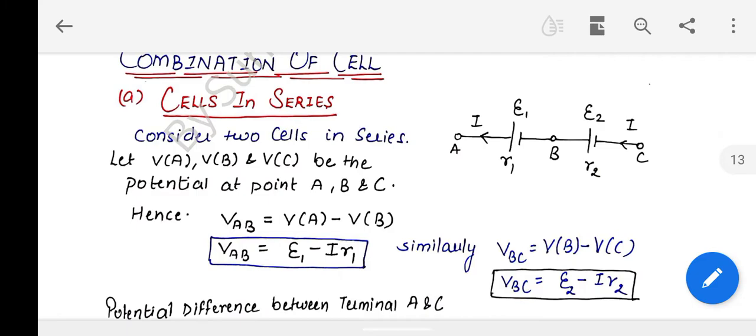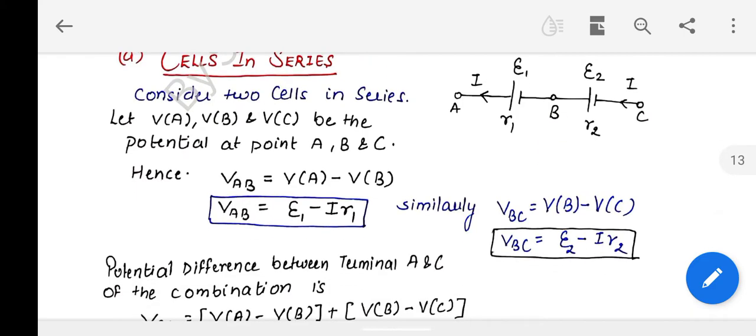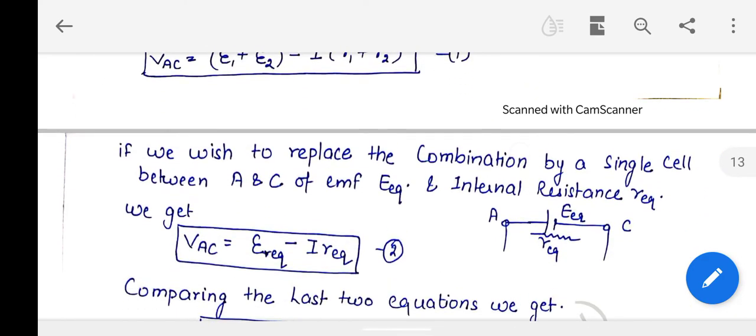Okay, combination of cells. You have two types of combinations, series combination or the parallel combination. This time you don't have to study the series and parallel combination of resistors. They have deleted the parts, so I am discussing the revised form of syllabus only. This notes basically is dedicated to the revised form of syllabus.